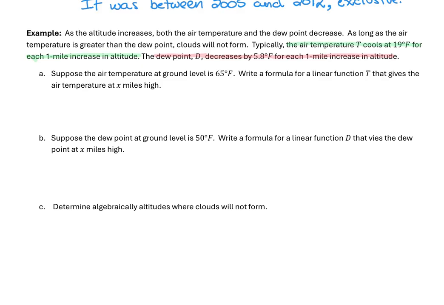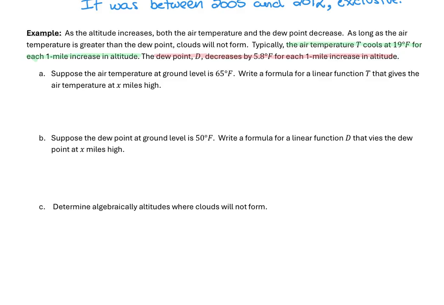All right, so we have two things going on here. Let's start with the air temperature. It says the air temperature at ground level is 65 degrees Fahrenheit, and we want to write a formula for a linear function T that gives the air temperature at x miles high. Okay, so let's see what we got here. We have our starting value.